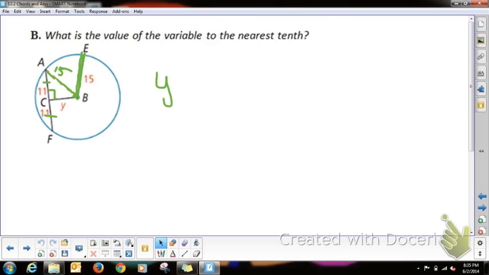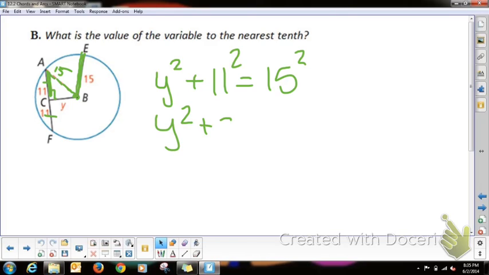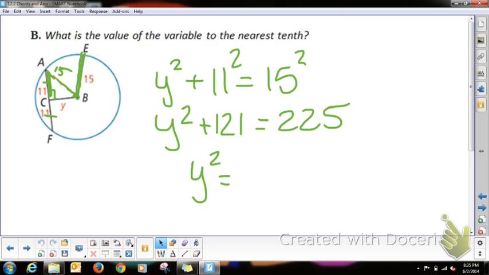So we know that y squared plus this leg, 11 squared, is equal to 15 squared. So y squared plus 121 is equal to 225. So y squared is equal to 225, we want to subtract 121 to get 104.